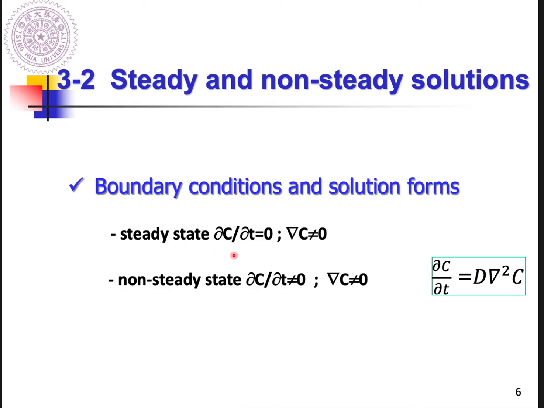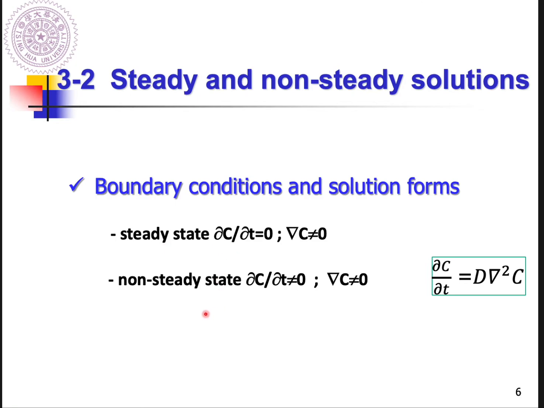As we mentioned before, the concentration profile is something you can measure. So you can measure the concentration profile along your material at different time points. Then you can check whether the concentration profile changes with time. If it does not change with time, then in your experiment it belongs to steady state.